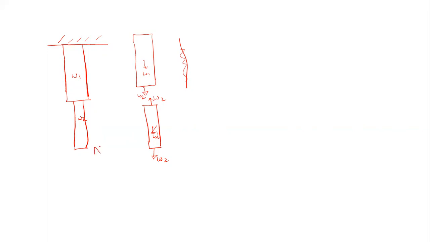So now here we can see W1 is also acting here. So the net force here will be equal to W1 plus W2. So deformation for this section, delta 2, will be equal to W2 L2 upon A2E.